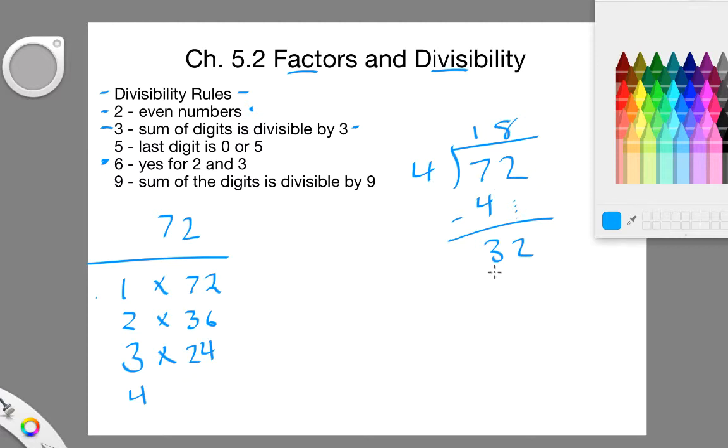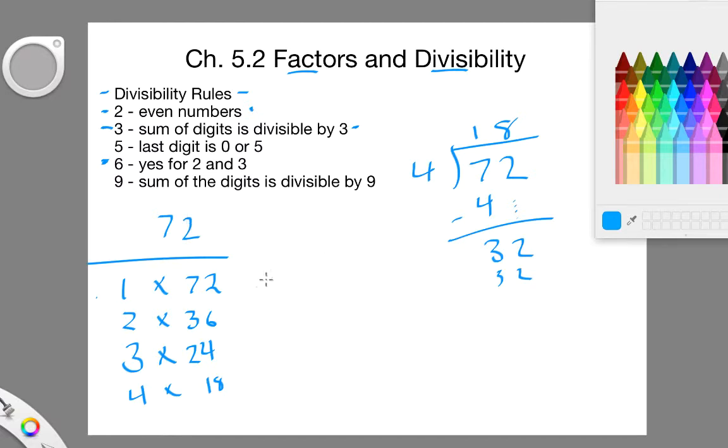So 4 times 18 is the one that works here. Does 5 go into 72? No, because the rule for 5 says the last digit is a 0 or a 5, and the last digit here is a 2, so we're going to skip the 5.